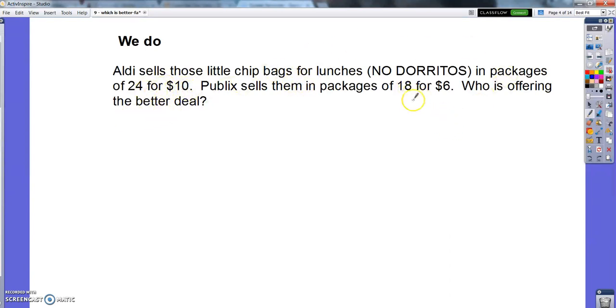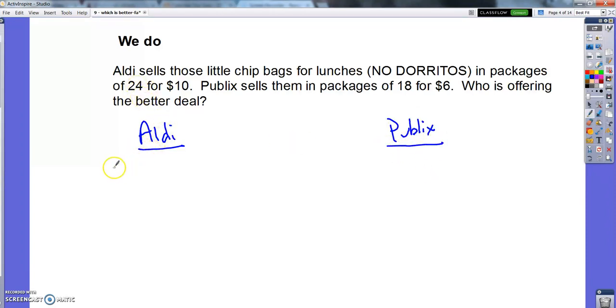Publix sells them in packages of 18 for $6. Who's offering the better deal? It's not totally obvious to me. This is some bags for some money, and this is more bags for more money. I'm going to see which place is offering me a better price per little bag. We're going to check Aldi, and we're going to check Publix.